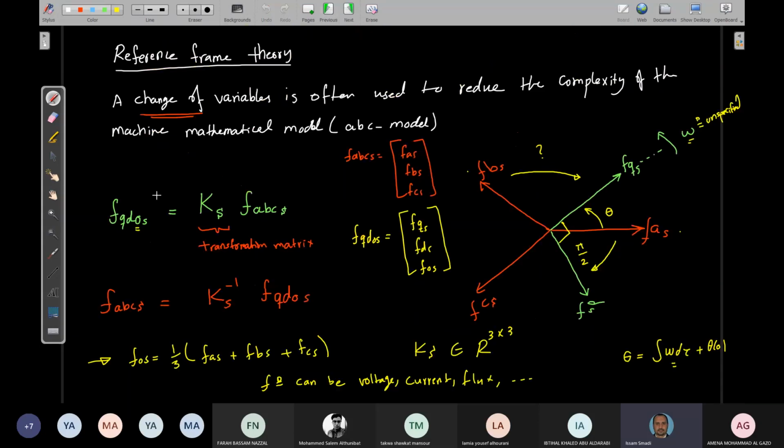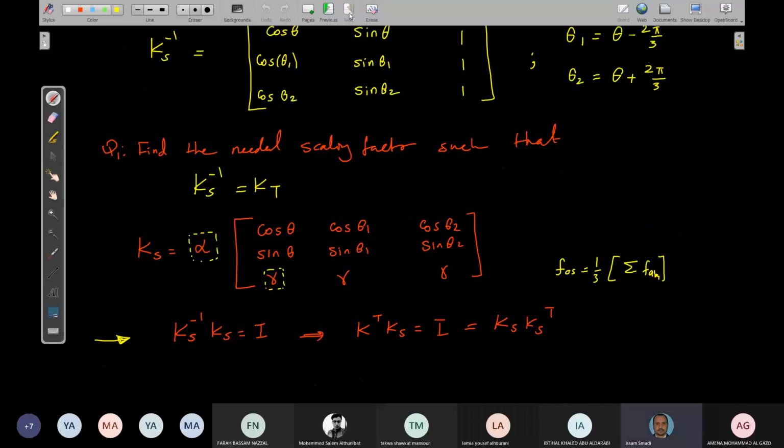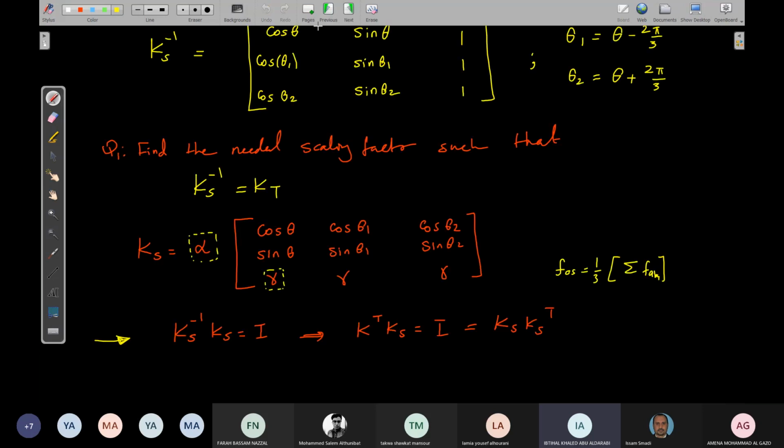And let's assume that we will discuss the power, and we will remark about the power and its relation with the transformation. So if I'm having the total instantaneous power, let's assume I'm having a stationary circuit. Doctor, whenever we want to do any transformation, we must multiply or find the constant such that Ks inverse multiplied by Ks transpose.